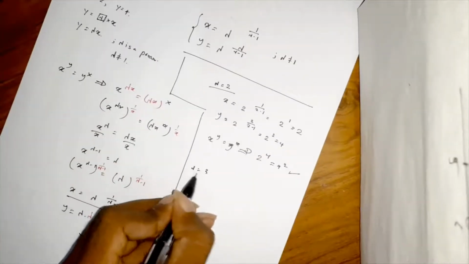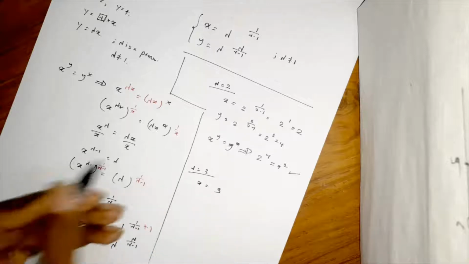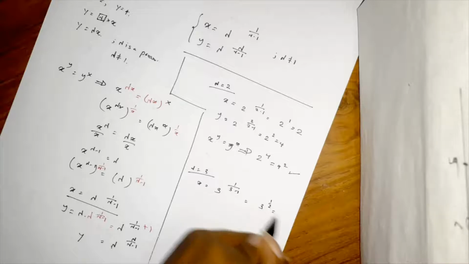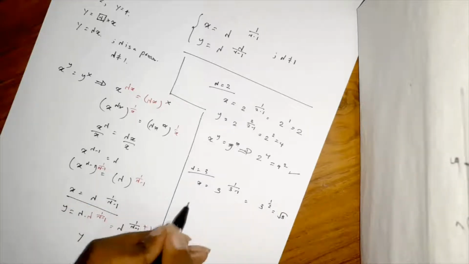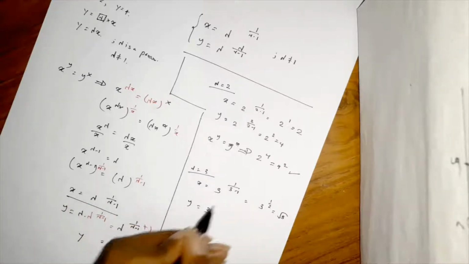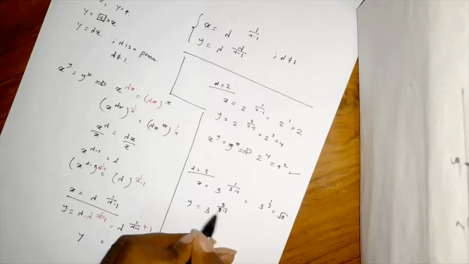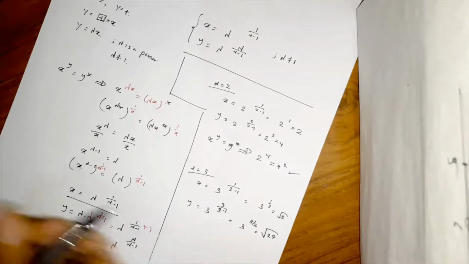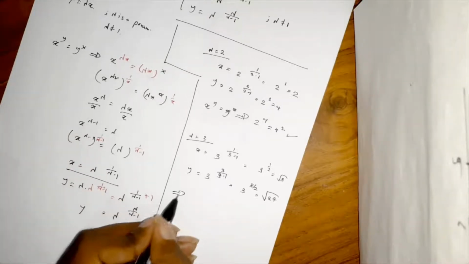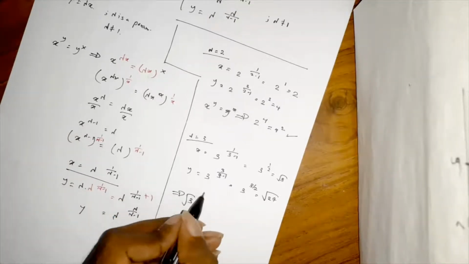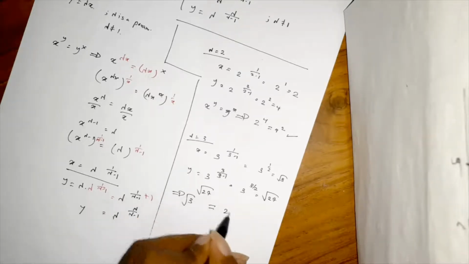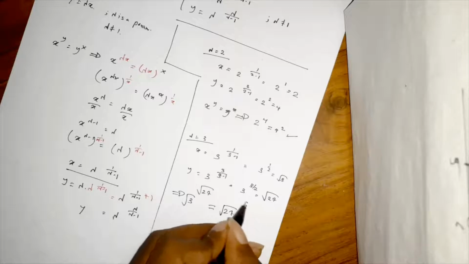If we put lambda equals 3, x is 3 to the power 1 over 3 minus 1, 3 to the power half, which means the square root of 3. Y is 3 to the power 3 over 3 minus 1, that means 3 to the power 3 over 2, which is the square root of 27. Finally we got the square root of 3 to the power square root of 27 equals the square root of 27 to the power square root of 3.